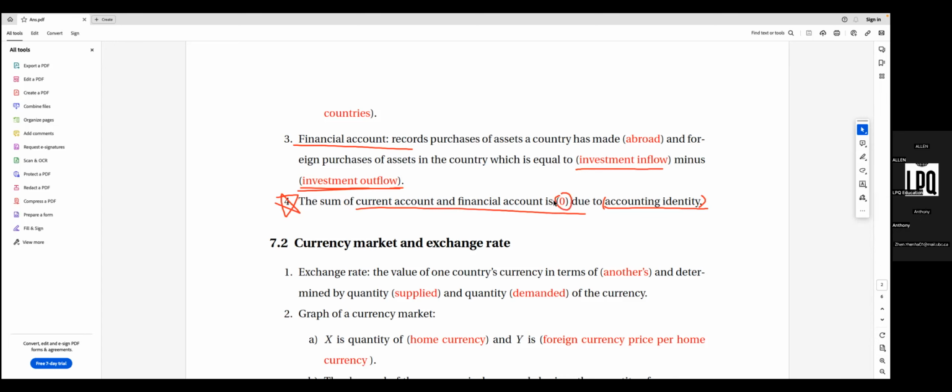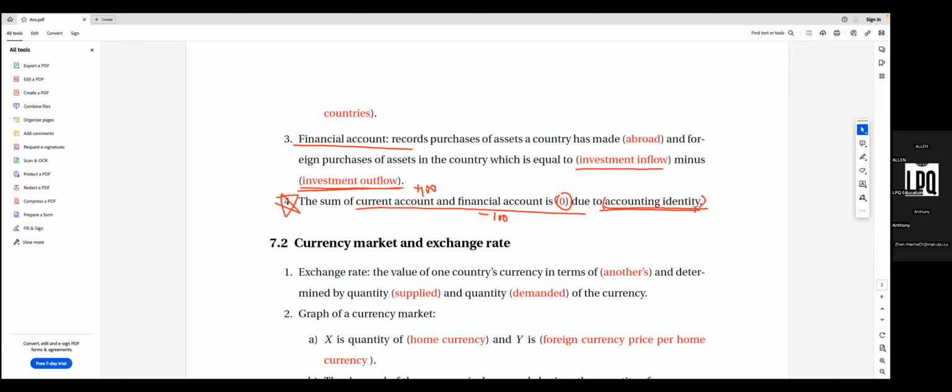If your current account is a positive $100 million, that means your financial account is negative $100 million. The sum of these two balances together must be zero, due to the double entry principle. You will learn the accounting identity and double entry principle in your accounting courses in the future in greater detail, but now we are doing AP economics.